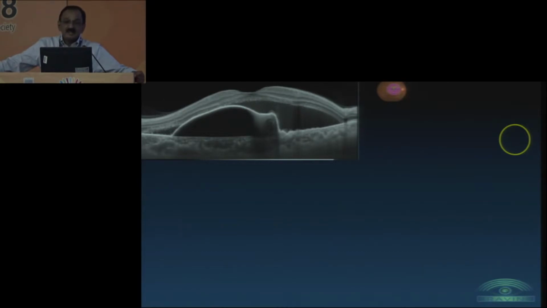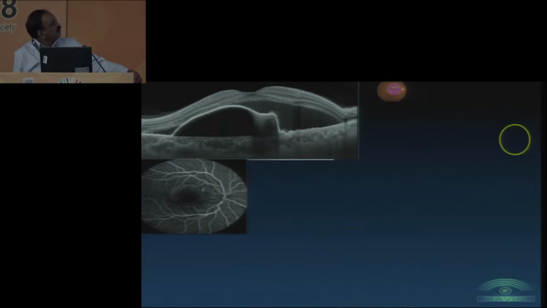Foveal contour is altered. Is it? But more important than that, what is the specific thing that's happening? There's a pigmentary epithelial detachment with subretinal fluid, and there is a fibrinous material here. So what do you think this case will be?